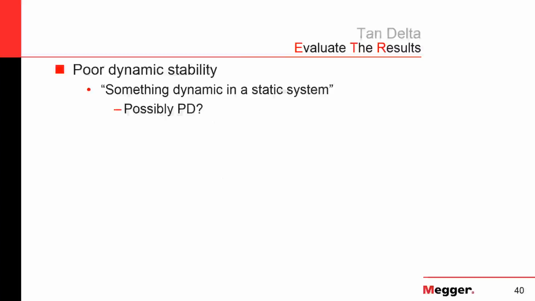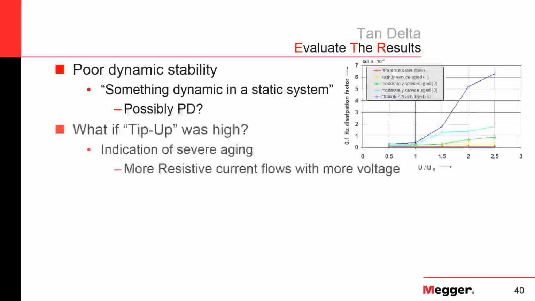So, tan delta, some of the things the results will tell us. If we have poor stability, that stability measurement number means something dynamic is happening in a static system, especially for extruded cables. That leads me to believe it could possibly be a partial discharge event going on. Something's changing in a system that shouldn't be changing. If we have a large tip-up, that subtraction number, that's an indication of more and more severe aging.